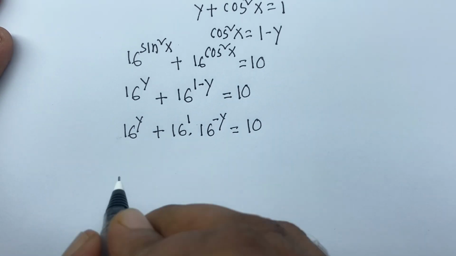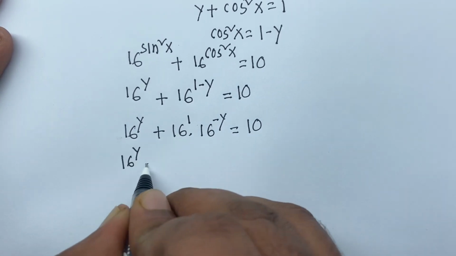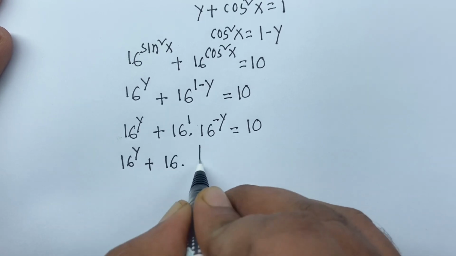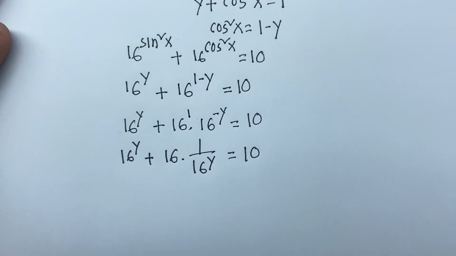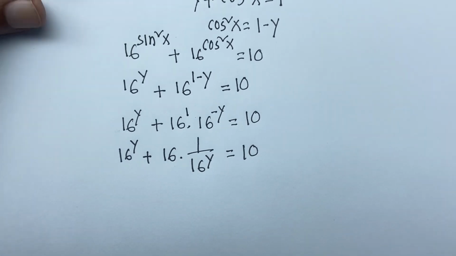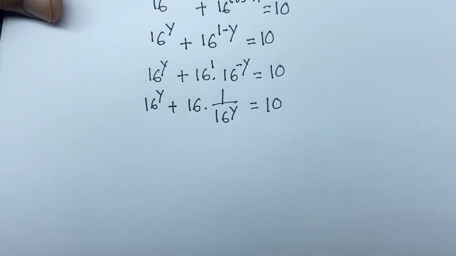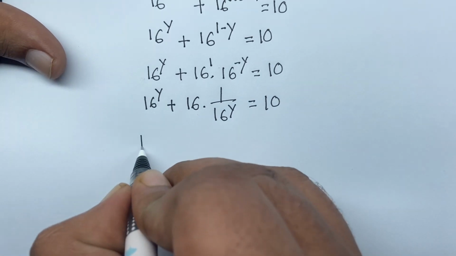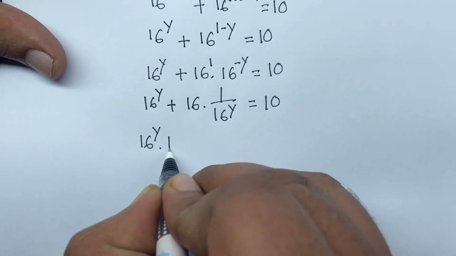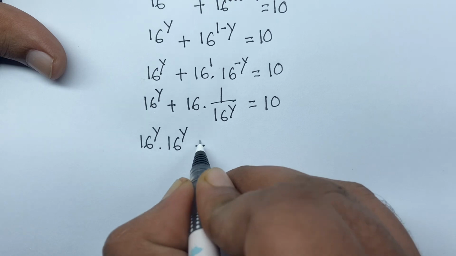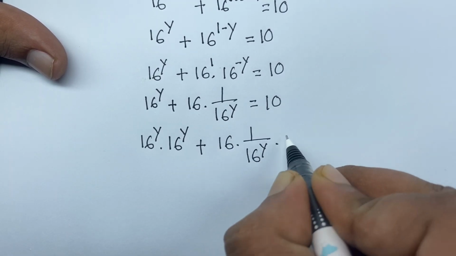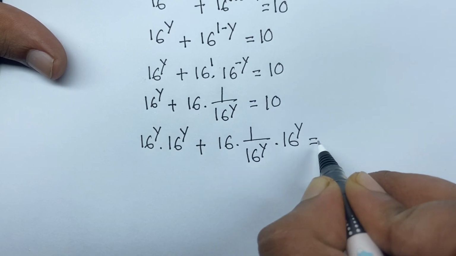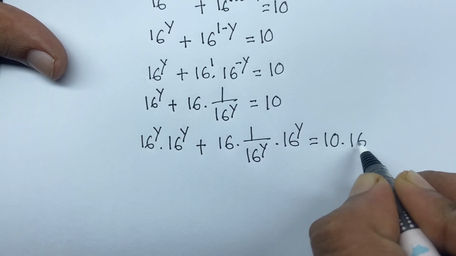Then I can say it will be 16^y + 16 times 1 over 16^y = 10. Then at this moment, if I multiply both sides by 16^y, it will be 16^y times 16^y + 16 times 1 over 16^y times 16^y = 10 times 16^y.